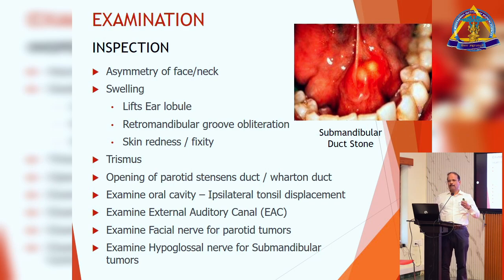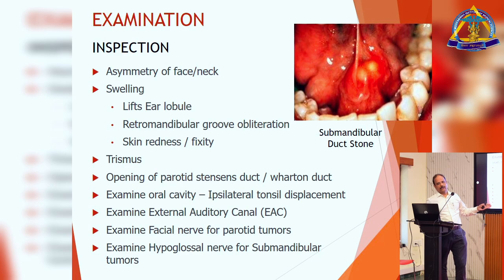Why should you examine for medial displacement of the tonsil? Why should you look for medial displacement of the tonsil in a parotid? Deep lobe involvement. The deep lobe, though small, when it enlarges in the parapharyngeal space, pushes the tonsil medially.